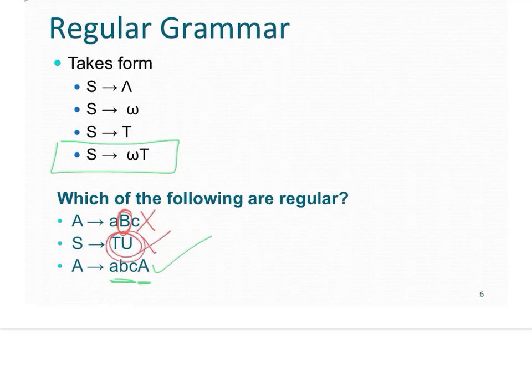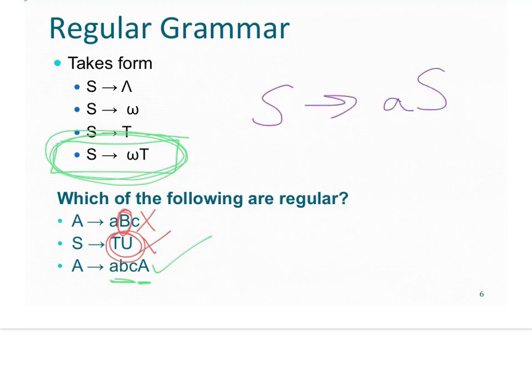Now, one thing I just want to clarify about this last rule is that it's okay to have something of the form S goes to, say, AS. There's nothing in our rules that says that S and T cannot be the same non-terminal.